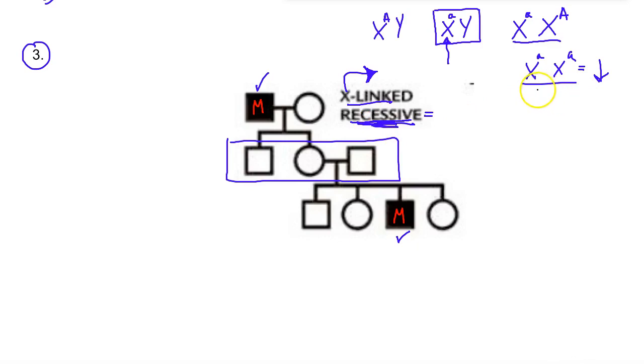It doesn't mean that females can't have it, but it's going to be more rare. So that's how I know this. The first thing I look at is, is this an X-linked recessive, an autosomal dominant, or an autosomal recessive type of inheritance pattern? I see only the males really are affected, and I'm missing a generation, so I know it's X-linked and recessive. But let's dig into this a little bit.